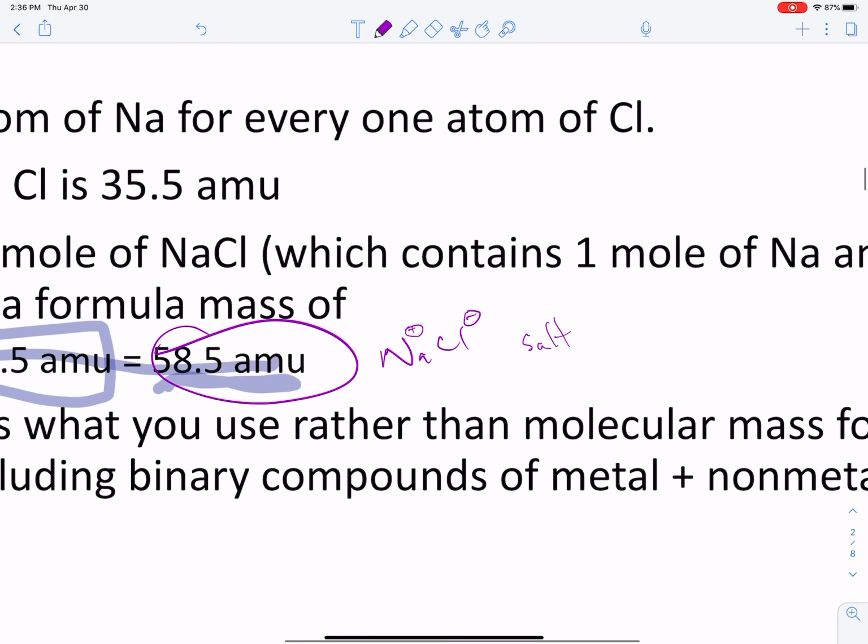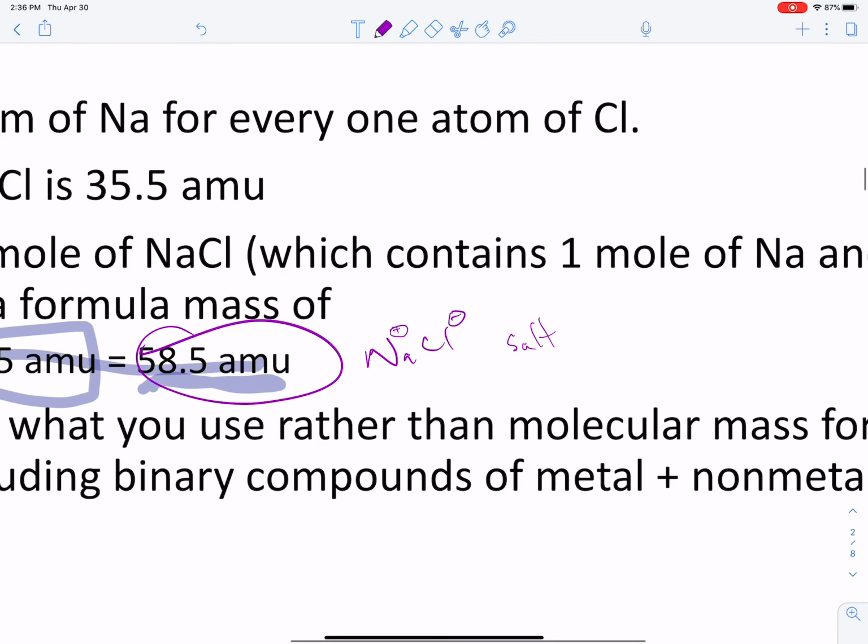So when we convert this 58.5 AMUs to 58.5 grams, now we have 58.5 grams of something called a formula unit. It's a fancy way of saying positives and negatives that are stuck together.